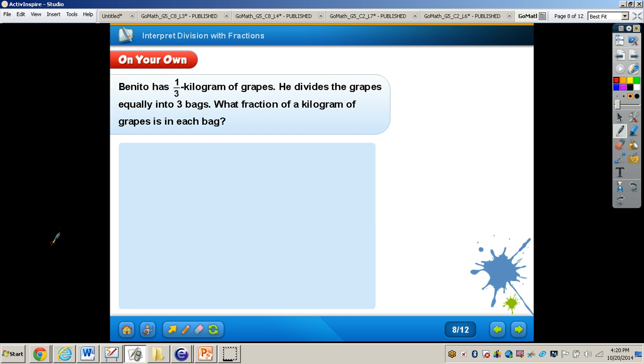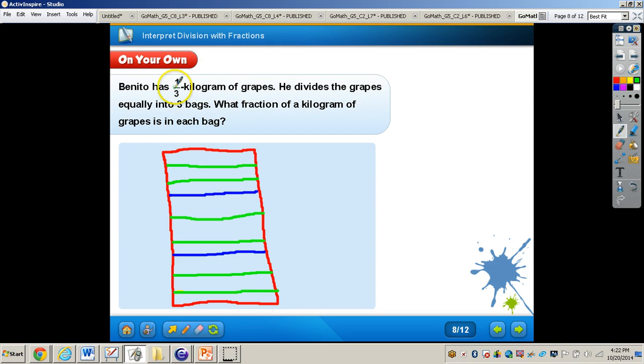Okay, I do want you to make a drawing for this problem and work through it and also have the answer. And I want you to pause the video now. Okay, so you can see I have 1/3 divided by 3. So I have my bag here. I divide it up into thirds.